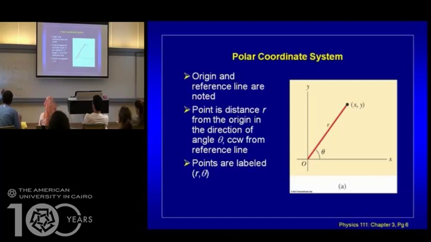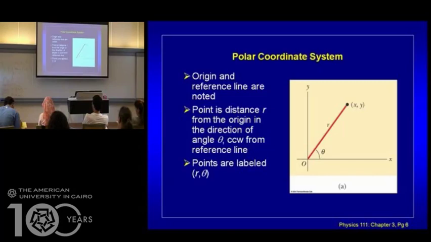I end up having sine squared theta plus cosine squared theta, and we know that this equals 1. So R squared times 1 ends up giving us X squared plus Y squared equals R squared.